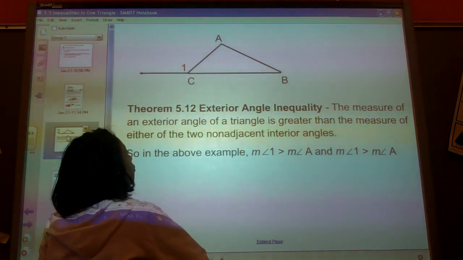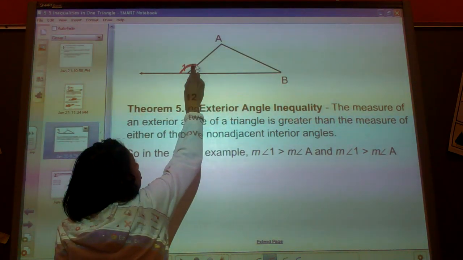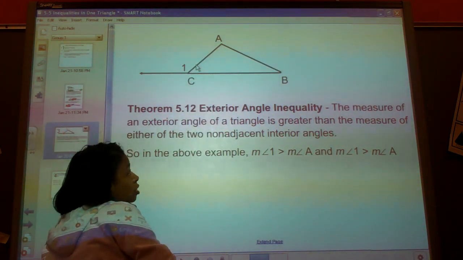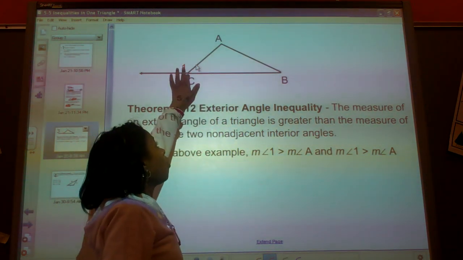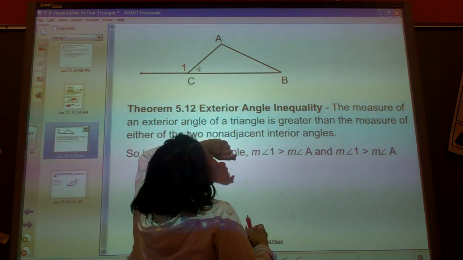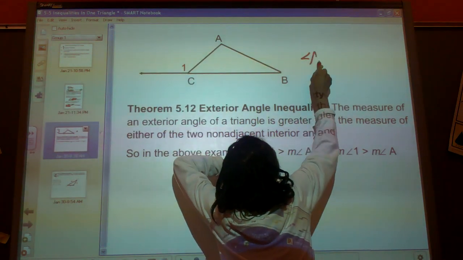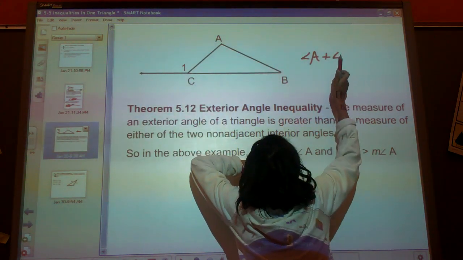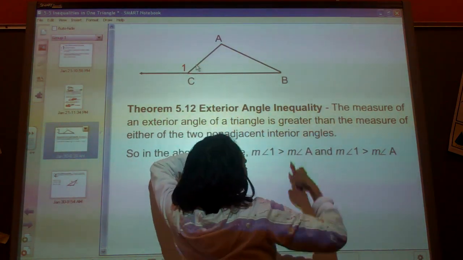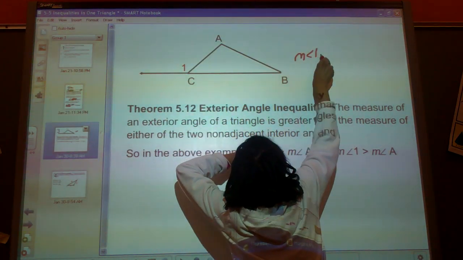The exterior angle, if we remember from the exterior angle theorem, is this angle 1 right here. And if you remember from the exterior angle theorem, that one exterior angle, angle 1, had to be equal to what? The measure of angle A plus the measure of angle B added together.